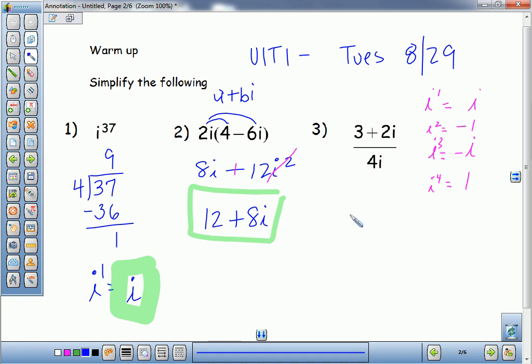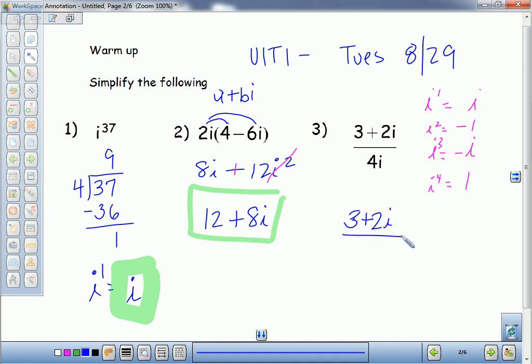Now, number 3. This is division, and with division, our rule is we cannot leave any imaginary parts in the denominator. Well, this denominator is not complex. It is just imaginary. Well, actually, imaginary does fall within the complex system, but it only has the imaginary part. So instead of multiplying by the conjugate, it is easiest to just multiply by -i.